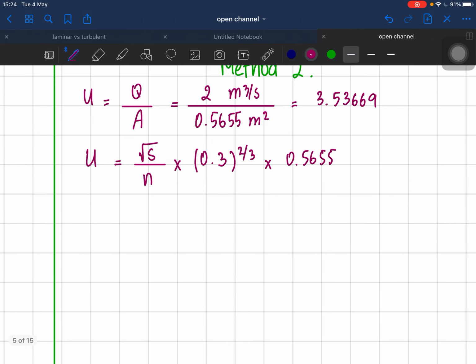So the answer is 3.53669 equals 0.02 times 0.3 to the power 2/3 times 0.5655.